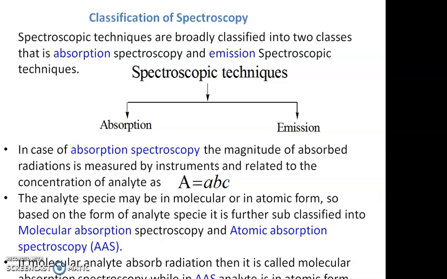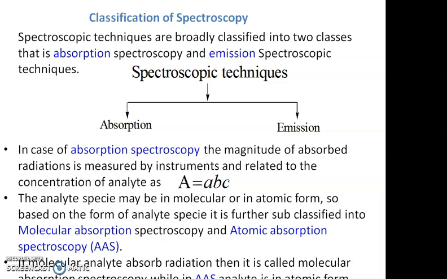Now, spectroscopy can be classified into two types: absorption and emission. What is absorption? In case of absorption spectroscopy, the magnitude of the absorbed radiation is measured by an instrument and is related to the concentration of the analyte, that is this molecule, and we have already discussed it.